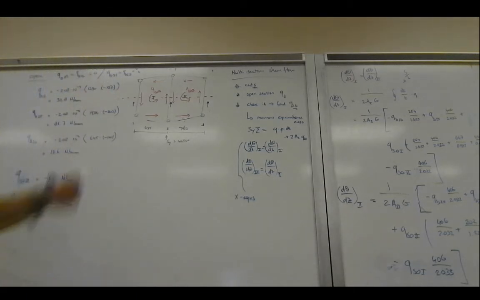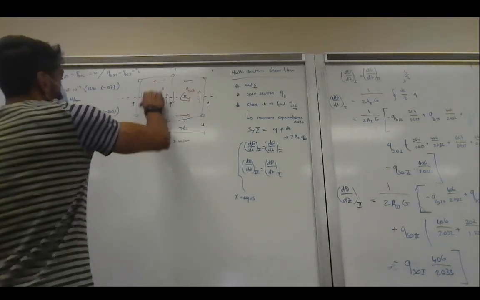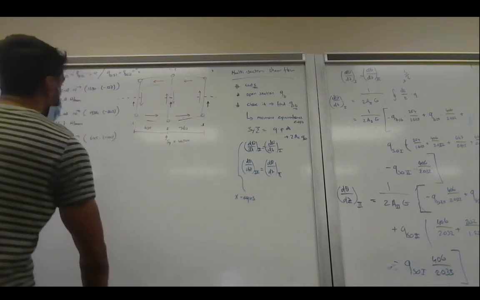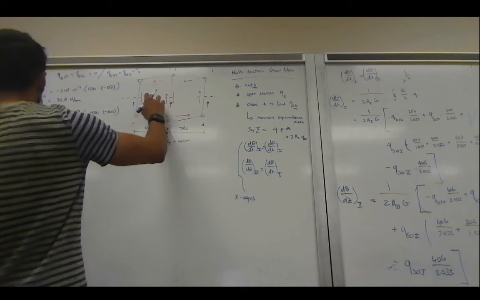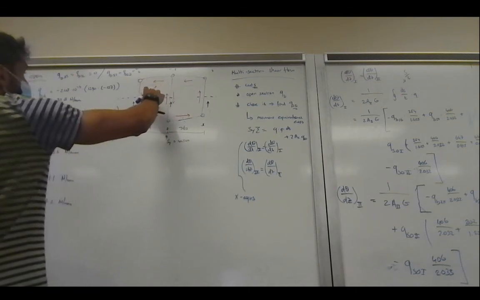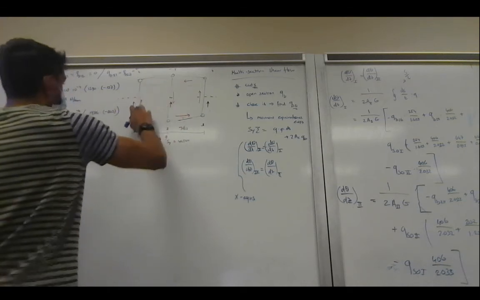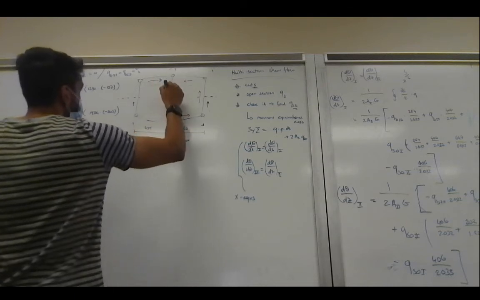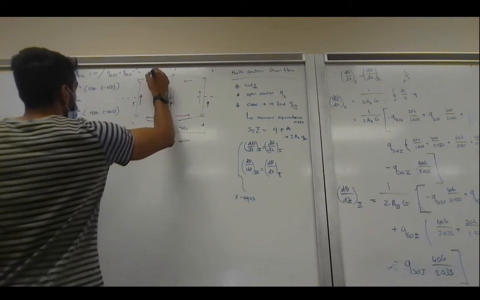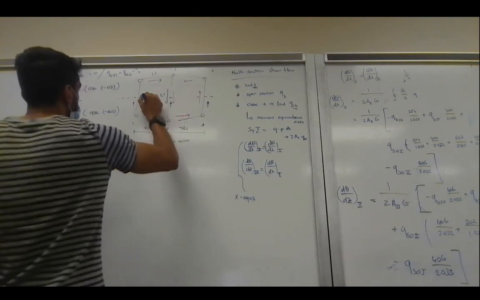So now we go back to this figure. What we do is add in all the correction shear flows. So here we add this, which is negative 1.1. So basically it means it goes in the opposite direction. So let's draw the positive direction. This goes like this. So this is 1.1, 1.1, 1.1.